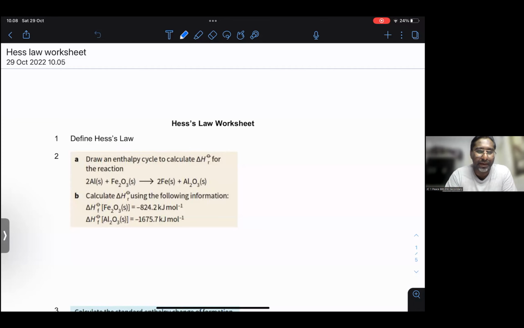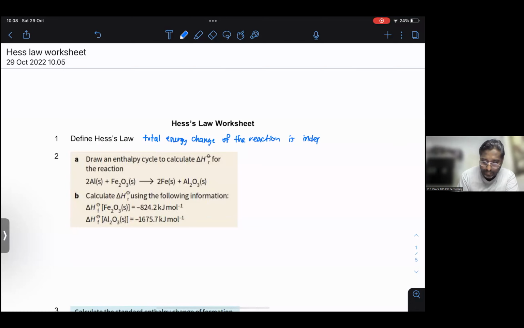Please remember, Hess's law is always defined as: the total energy change is independent of the reaction. So this is going to be the definition.